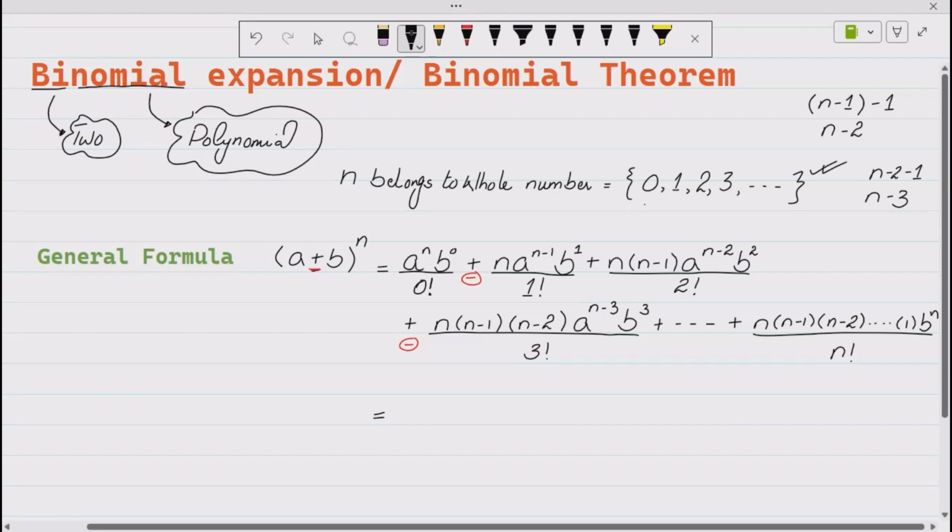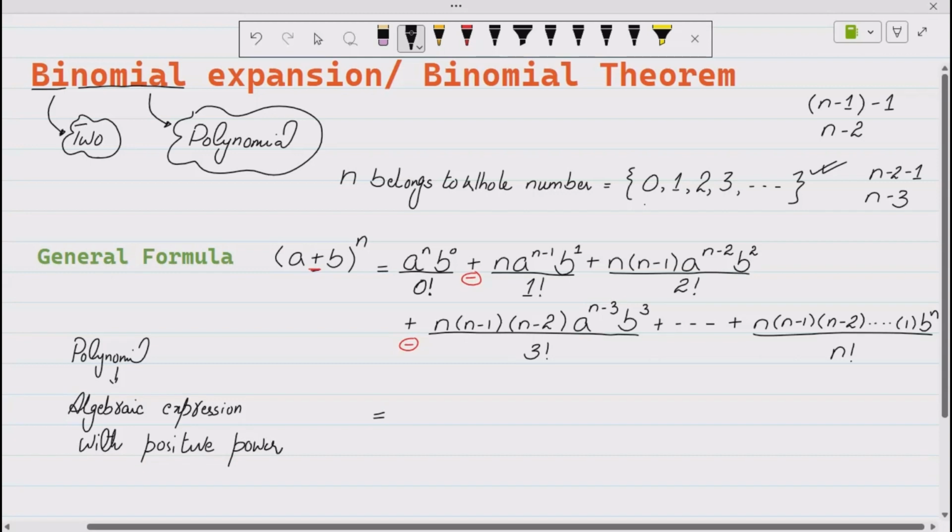So you see now we have a polynomial, because what is a polynomial? A polynomial is an algebraic expression with positive powers.